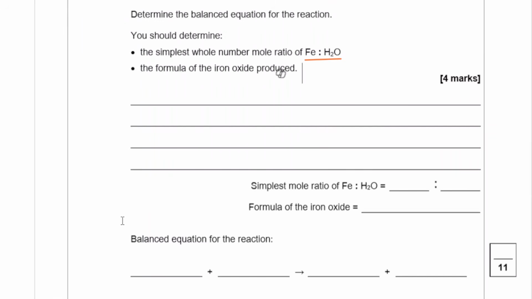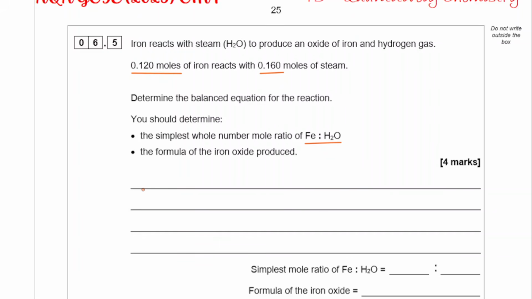Let's find the reacting mole number ratios. So iron is to steam is 0.12, that's for iron, is to 0.16.